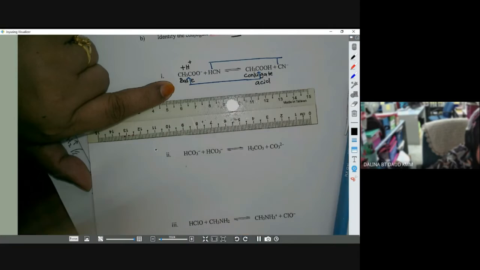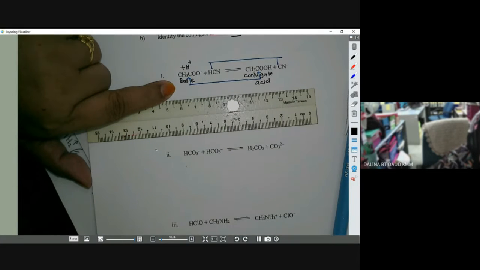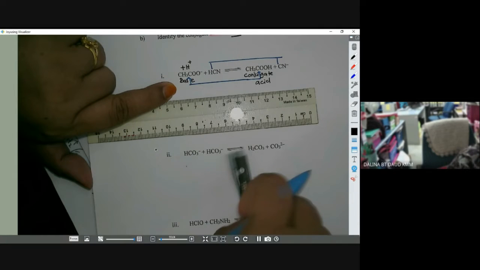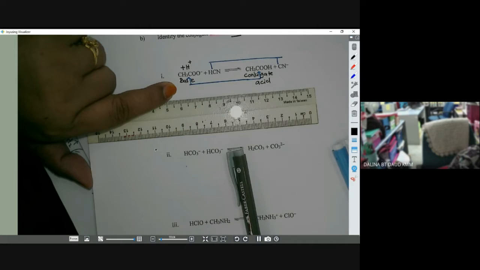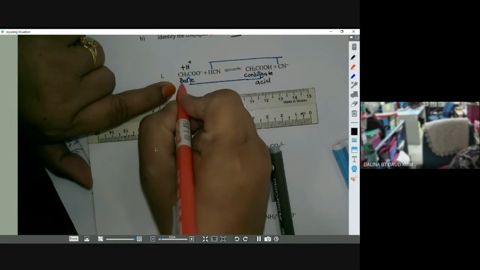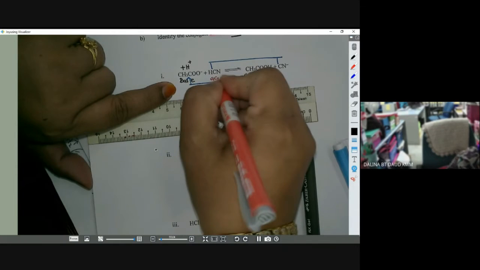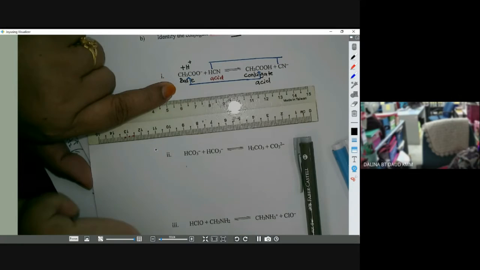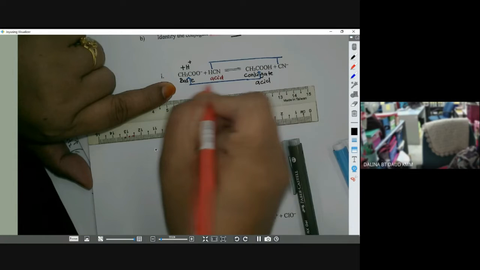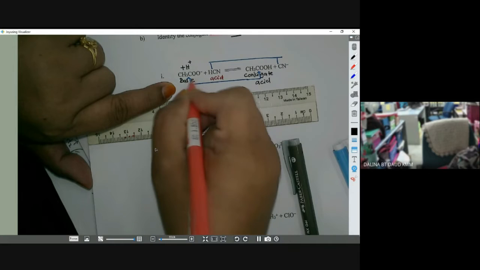Okay. Ada siapa-siapa nak tanya? Izzati? Tak ada. Okay. HCN. So automatic kalau ini base, yang ini acid. Tindak balas kimia ni kalau satu base, automatic satu acid. Dia tak boleh base tindak balas dengan base. Acid dia tak boleh tindak balas dengan acid.